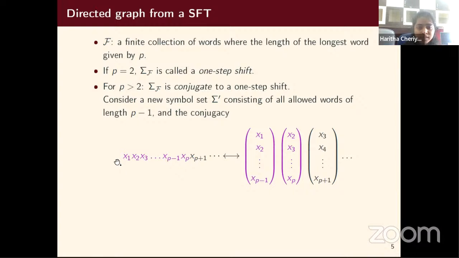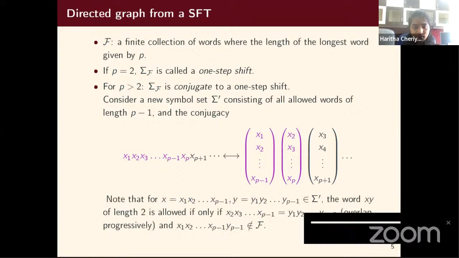Since it's an allowed sequence, all these p minus 1 subwords will be allowed words, and hence symbols in sigma prime. And a word of length p here will correspond to a word of length 2 here. Hence all the forbidden words can be thought of as words of length 2.